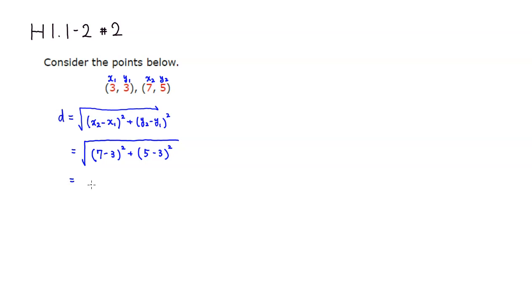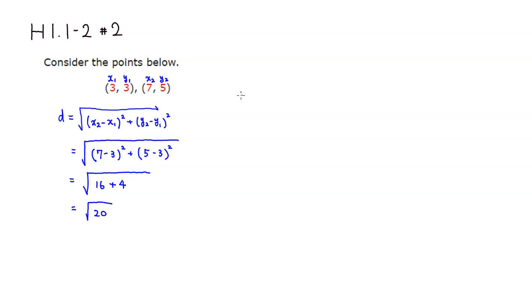So this is going to be the square root of 7 minus 3, which is 4. 4 squared is 16. Plus 5 minus 3 is 2. 2 squared is 4. Right? So this is the square root of 16 plus 4, which is 20.